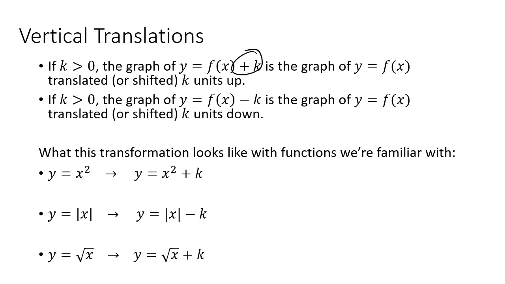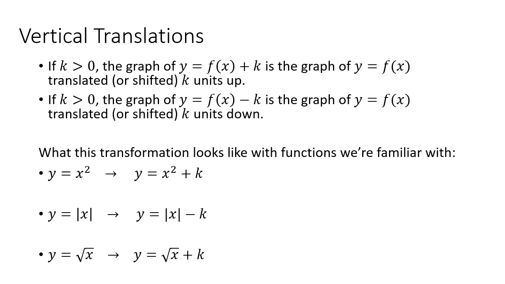It's a plus in the transformation formula. So if you have a plus k on the outside, the whole graph gets shifted k units up in the positive y direction. And if you have a minus k on the outside, you're subtracting from the y values, the whole thing gets shifted k units down in the negative y direction. All right, so all that's happening here is you are adding or subtracting k to all of your y values.